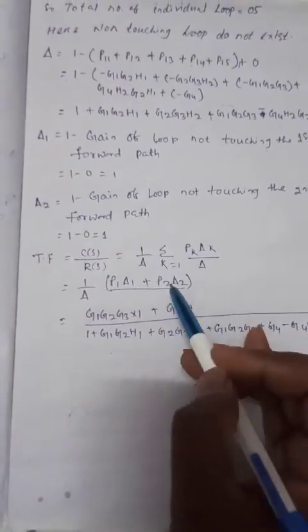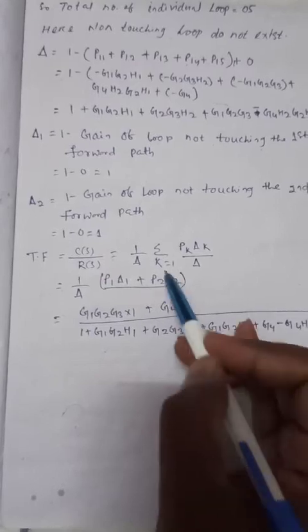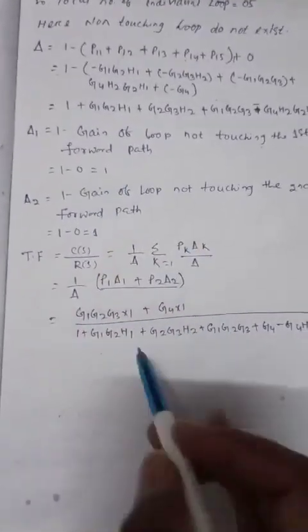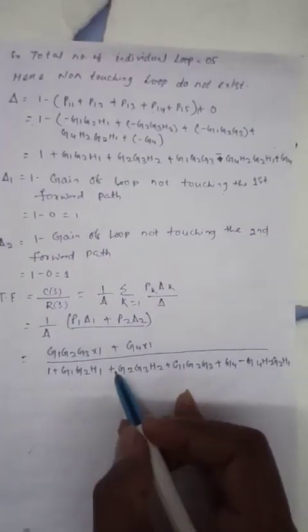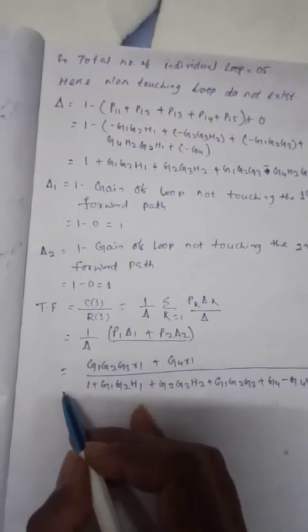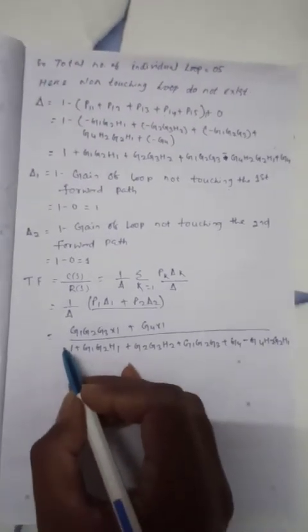The second forward path P2 is G4 and Δ2 is 1. Then put the del value we got here. This is the transfer function of the given block diagram.